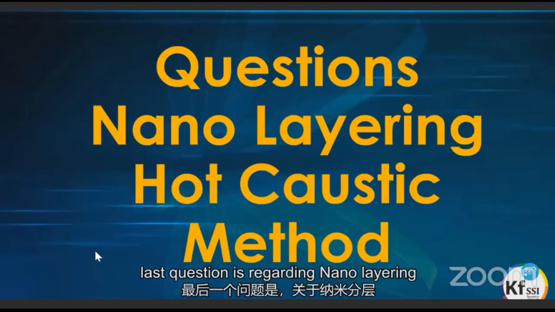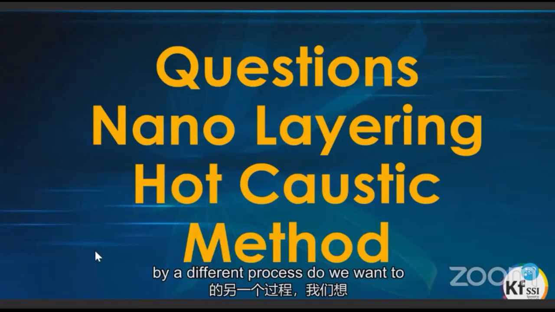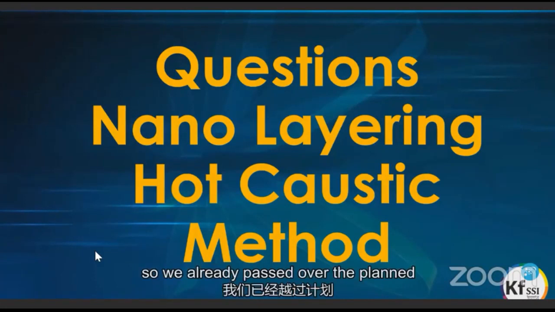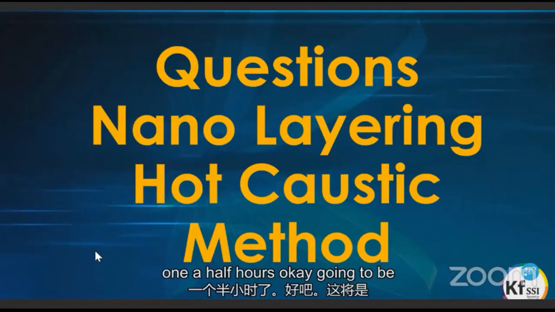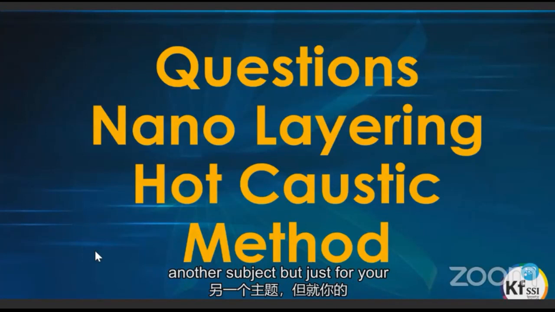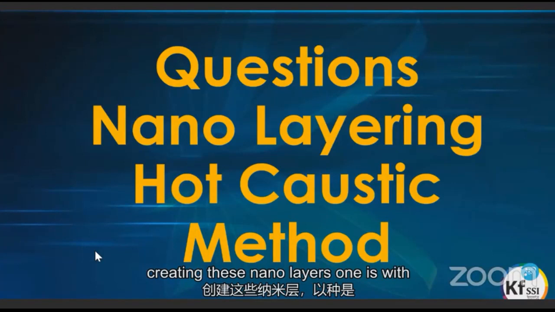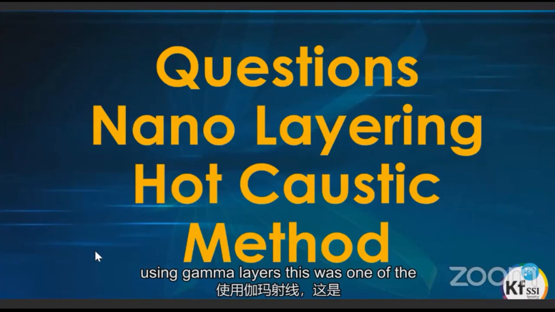My last question is regarding nano layering by a different process. Do we want to address that, or shall we just wait on that? So we already passed over the planned 1.5 hours. Okay. And that will be another subject, but just for your information, there are many procedures of creating these nano layers. One is using gamma rays.